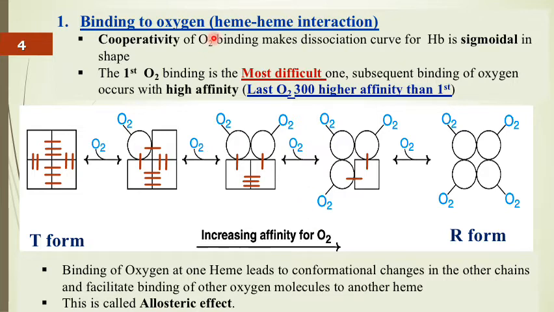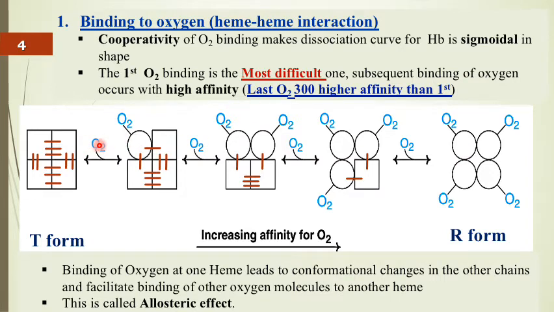You have to remember what is heme-heme interaction and what is the allosteric effect definition, because this is one of the allosteric modifiers. This phenomenon is called cooperative binding of oxygen to hemoglobin. Cooperation means help.